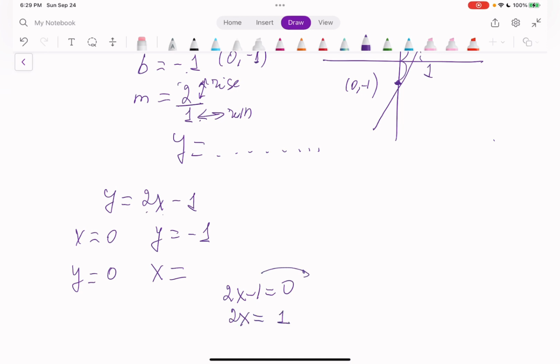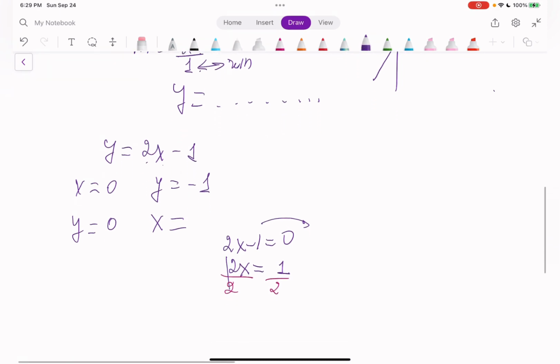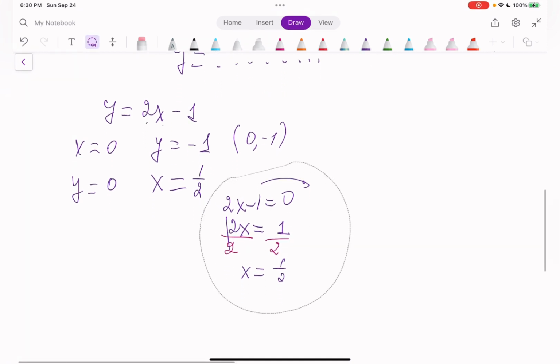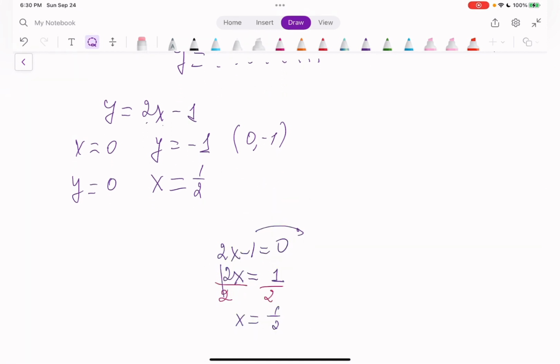I flip over here, and we divide by 2. And I'm getting x is equal to 1/2. So here is 1/2. The coordinate of the first point is 0, negative 1. And the coordinate of the second point is 1/2, comma, 0. Okay?